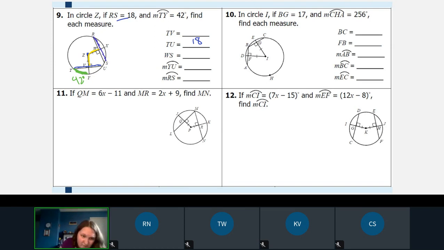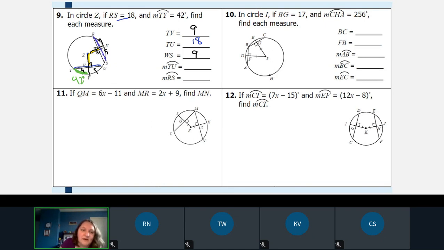Also, we have these radii, ZX and ZY, and they are perpendicular to those chords, which means they're cutting the chords in half. So if the chord is 18 and I cut it in half, that means that each piece is 9 on each one because they were the same length. So does that help me with TV? It does. TV is 9. And it helps me with WS. WS is 9.